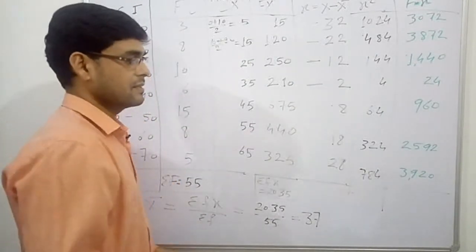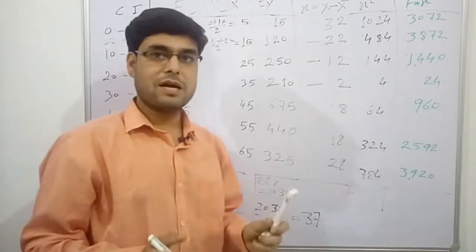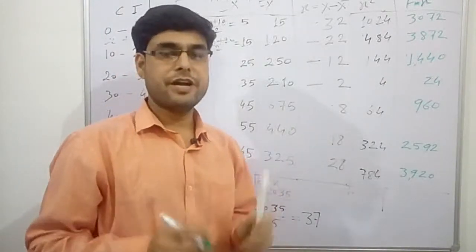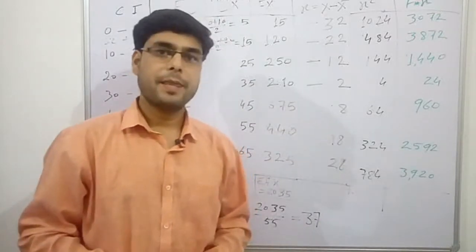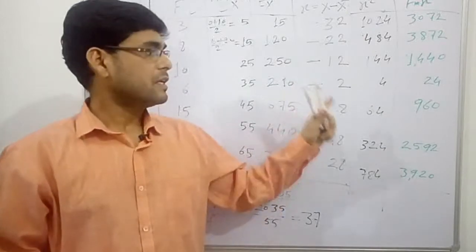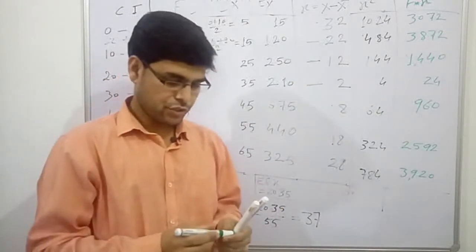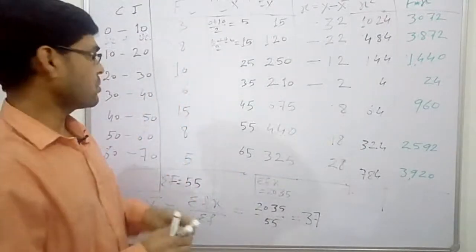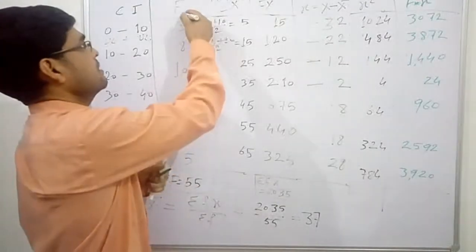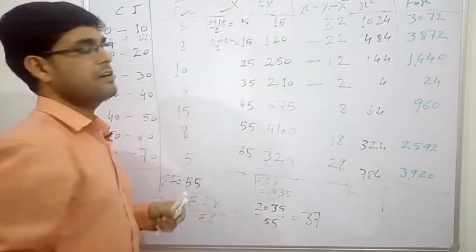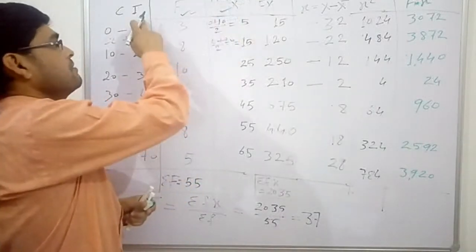What do we need next? We need a formula to calculate standard deviation. This is the same as we applied in discrete series. Because the question is the same, but one thing is not there, that is the class interval. In discrete series we are given frequency with the x values. Here x values are not given, intervals are given.